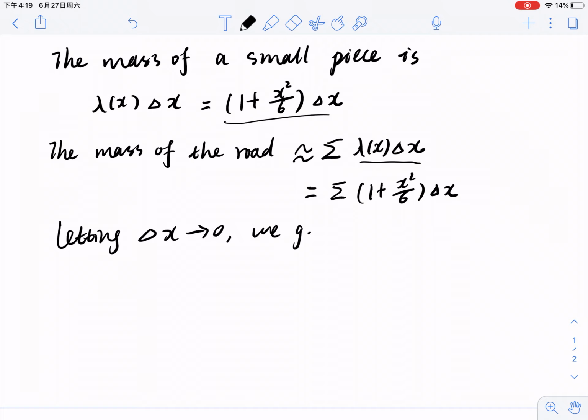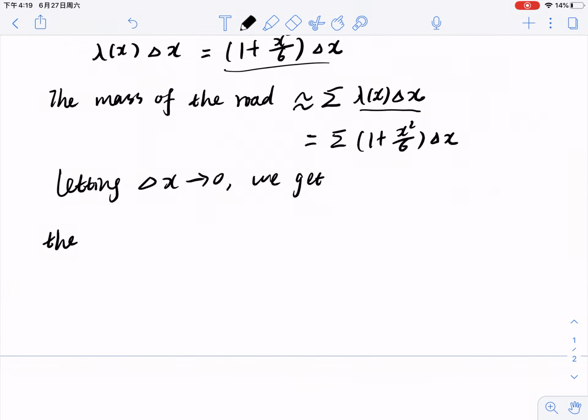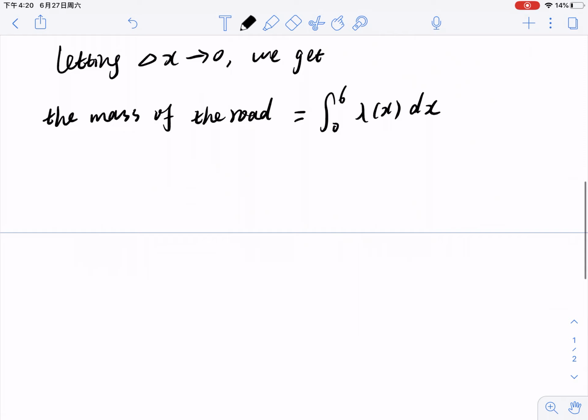We get the mass of the rod is equal to the integral from 0 to 6 of lambda(x) dx. So this is the integral from 0 to 6 of (1 + x squared over 6) dx.